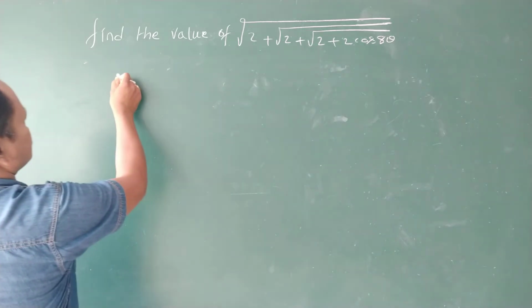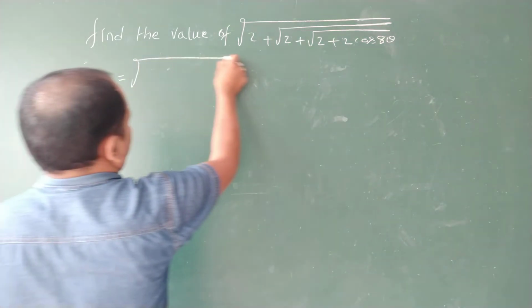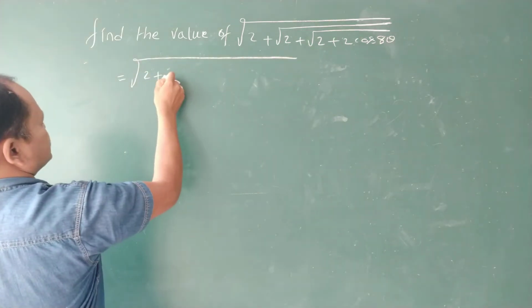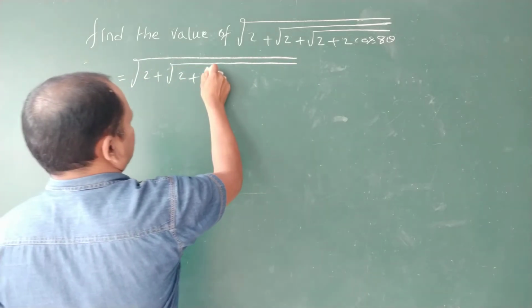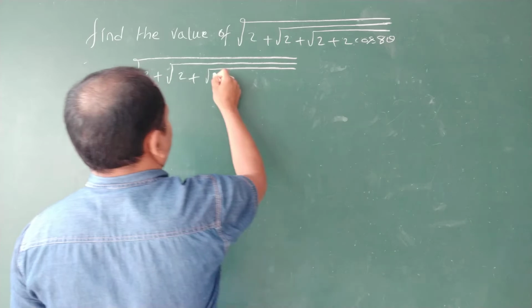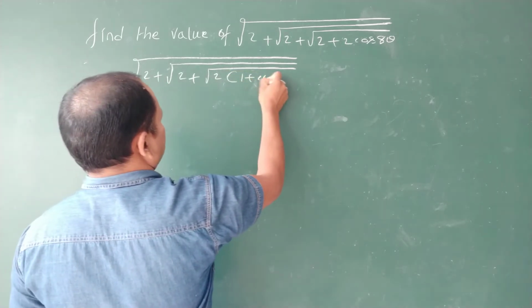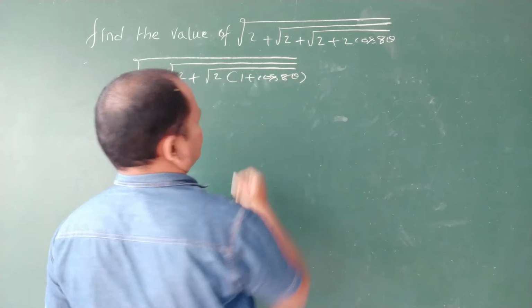Now, from this, square root of 2 plus square root of 2 plus square root of, take common 2 from this, then it is 1 plus cos 8 theta.